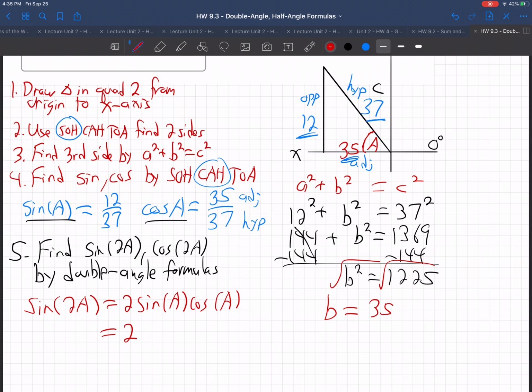Sine of regular A, it's right here, 12/37. Cosine regular A, it's right there, 35/37. So how do you multiply those out? Whole number you put over 1, and you just multiply straight, top, top, top. Again, this is too big to do by hand. You should use your calculator. On the exam, I won't make it so big by hand. 840 over 37 times 37.